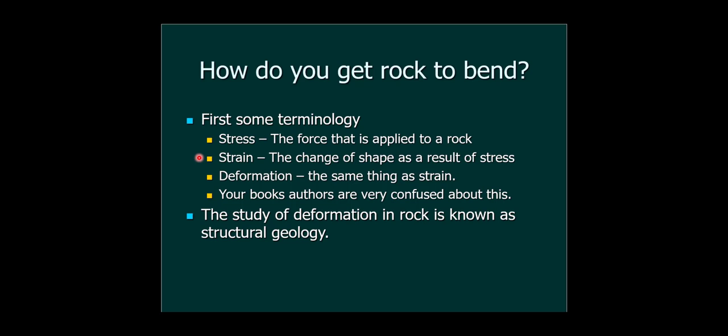And if I was in class right now, I'd take a meter stick and lay it on the table with most of it sticking off of the table. And I would say, okay, look, as I push down on this meter stick, the stress is the force that I apply, right? The strain is the meter stick bending. Now, if I put something other than a meter stick there, let's say I put a really long rock there on the table, and now I apply the same amount of stress, I'm going to get a different amount of strain, right?